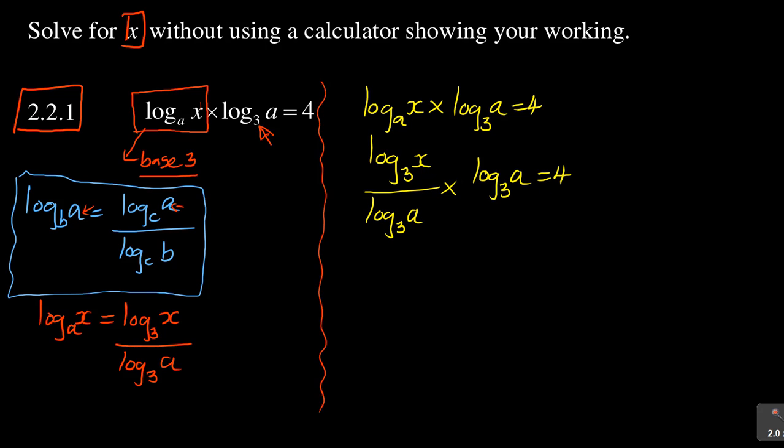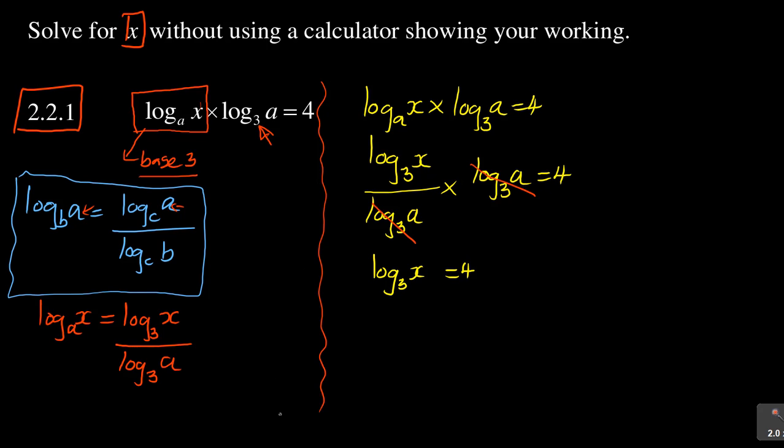And you can see something interesting there now, such that this one and this one cancel. That is the main reason why I was changing everything into this particular base, so that now I have log base 3 of x is equal to 4.